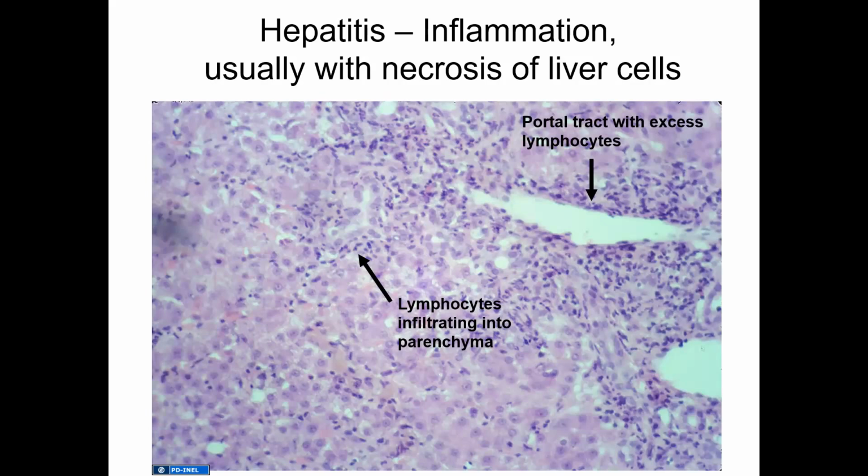With necrosis, you will see a high staining of your hepatic cells, and you will have infiltration of lymphocytes into the parenchyma. So there's an intense staining and lymphocytic infiltration into the parenchyma, as indicated in this slide, that will be seen in your examination of the liver.